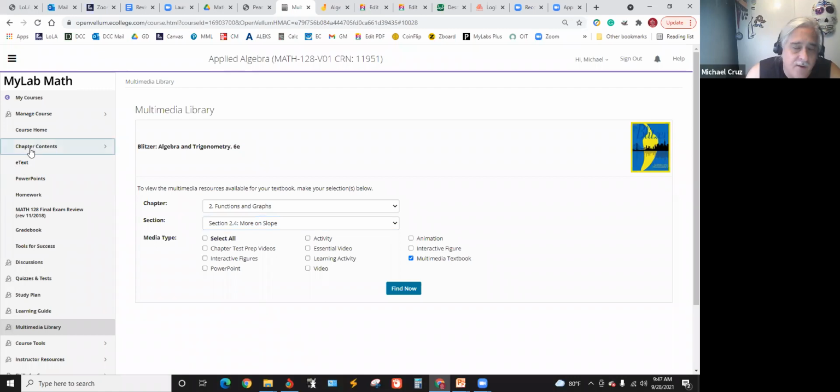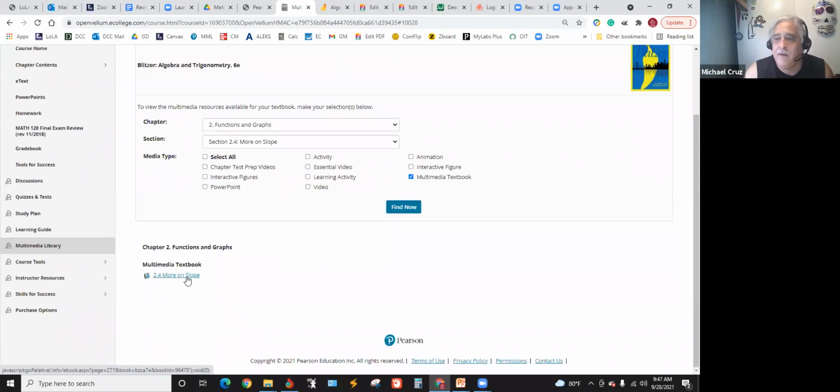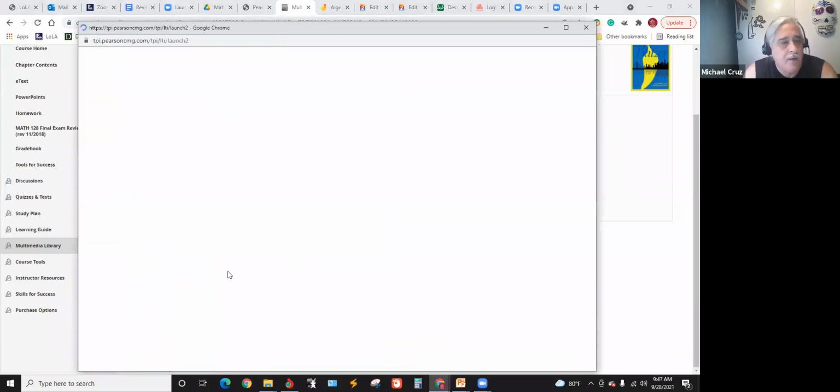You can access it another way through chapter contents, but if you go to the multimedia library, pick the chapter and the section, and then you can click any of these that you want. The only ones I know about are the videos, which you've already got assigned in there, and then the textbook and the PowerPoints. Those are the only three I want. I don't even know what some of these other things are, but if you want to try them and have the time, that's good. Then you hit find, and it opens up the textbook to that very place.